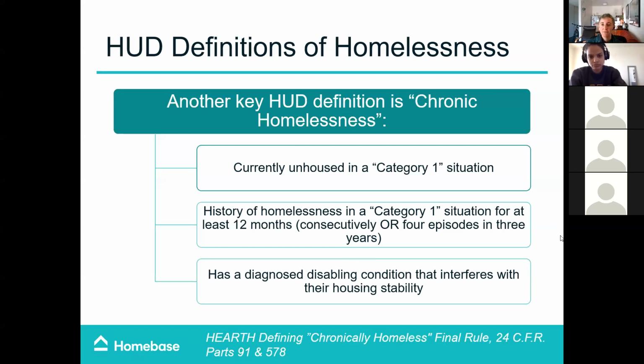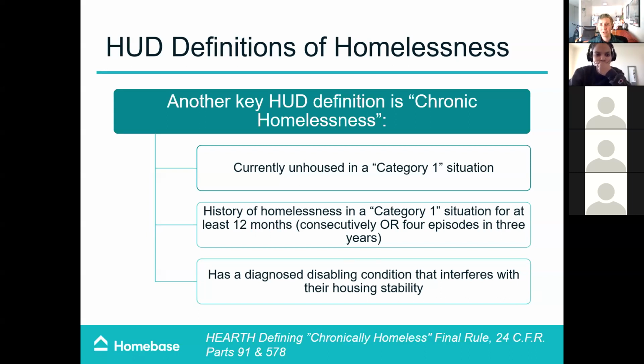And the third criteria for chronic homelessness is the person must have a diagnosed disabling condition that prevents them from maintaining housing stability independently. So the definition of a disabling condition is also provided in HUD's regulations.